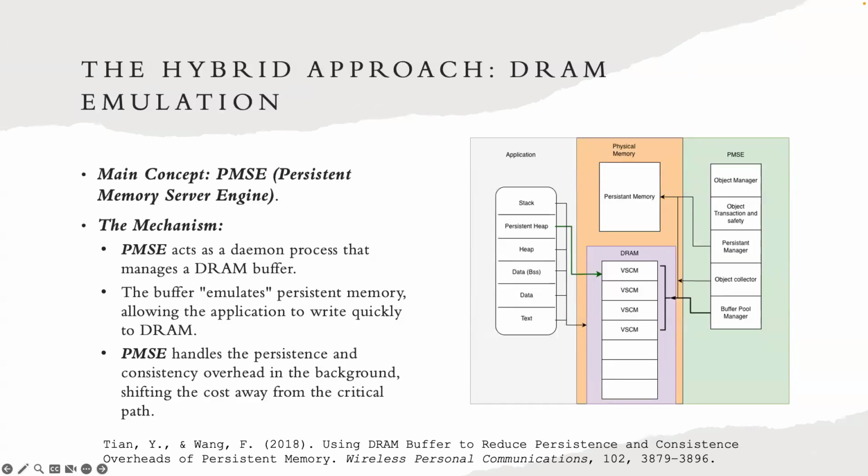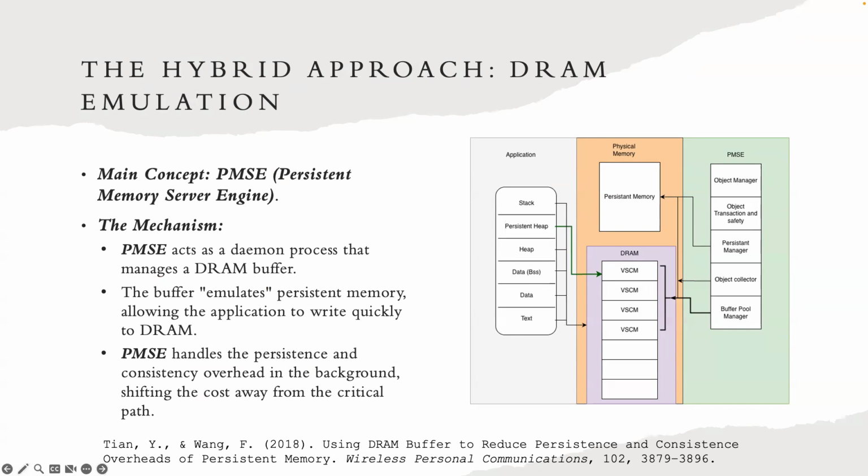This framework is called PMSE, and it does the same thing in a very generic way, where applications can take advantage of the framework. The application doesn't have to know what's going on; the engine does all the heavy lifting. So this paper uses the DRAM as a buffer.